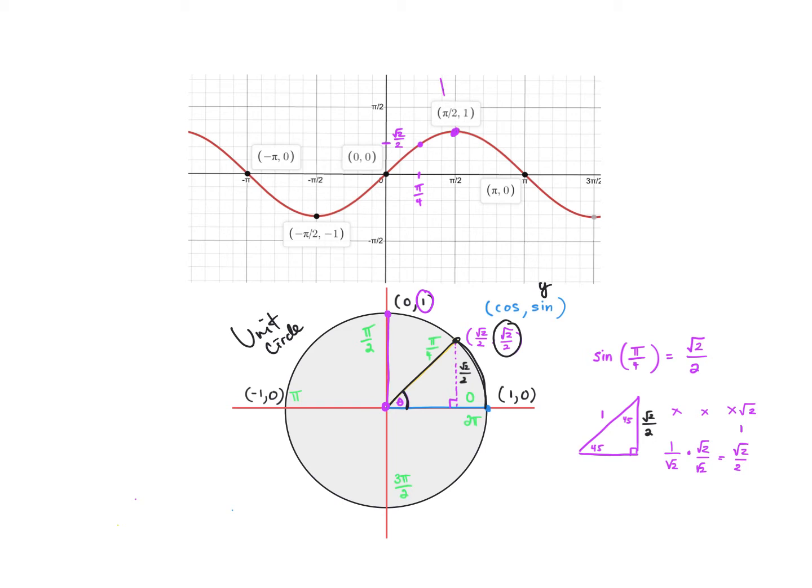Here's your pi over 2, and here's your 1, your y coordinate of cosine and sine. There's your y coordinate here. So if we're graphing the y coordinate as we go around, for instance, at pi here, you can see our y coordinate is 0.